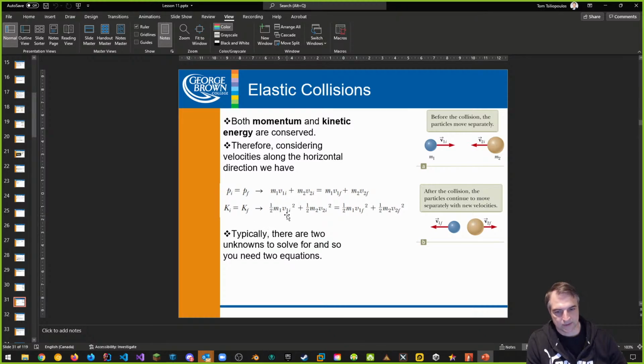We can say then that 1/2 m1 v1 squared plus 1/2 m2 v2 squared initial is equal to the final, because remember kinetic energy is 1/2 mv squared. We take the initial kinetic energy and set it equal to the final kinetic energy.